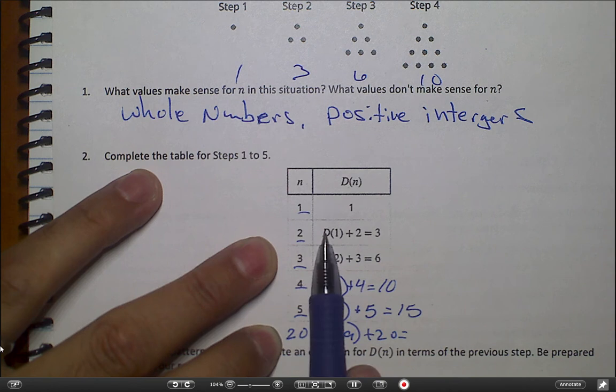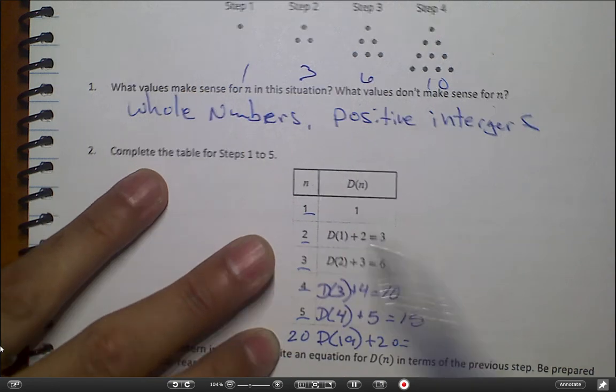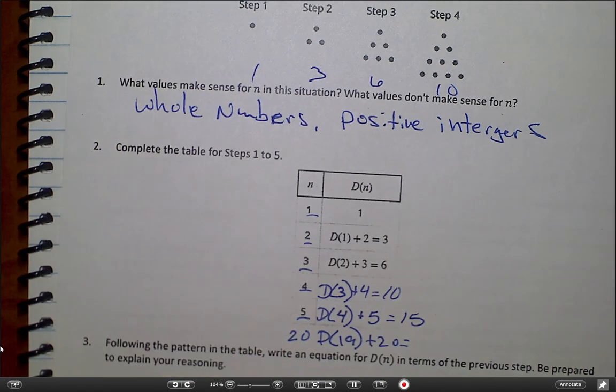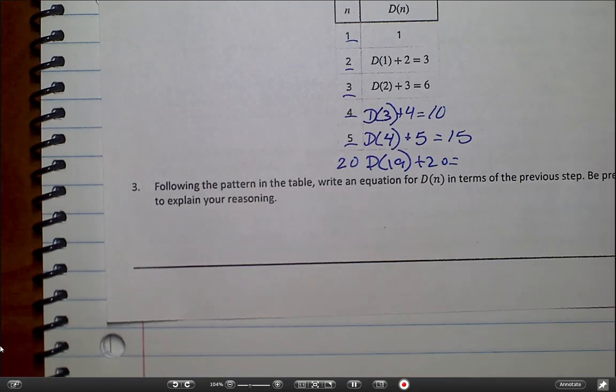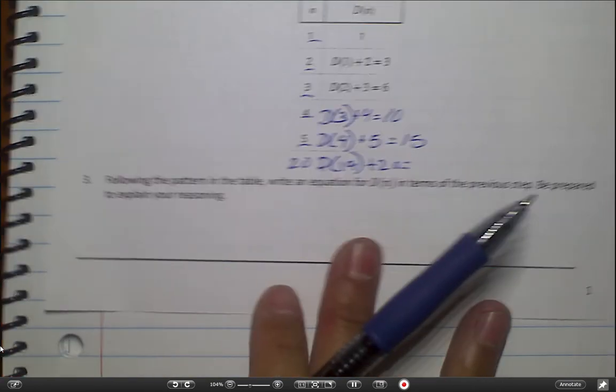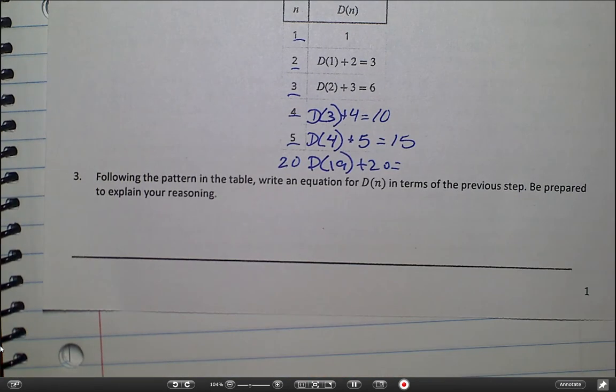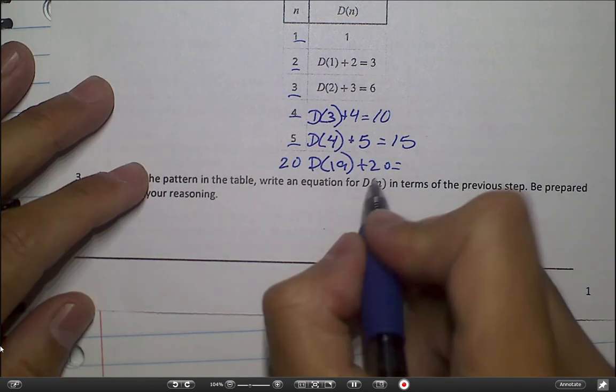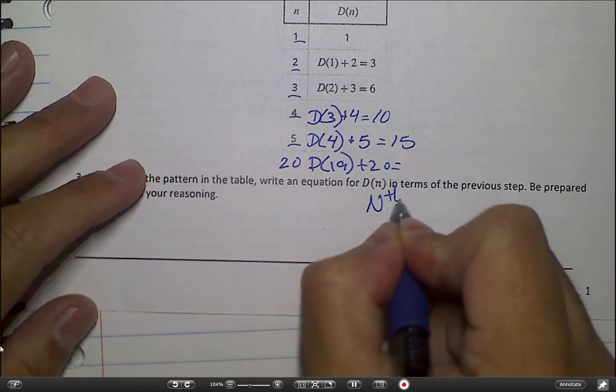Okay, so there's my previous one. Now, let's take a look at 3 to see if this works out. On 3, it says, following the pattern in the table, write an equation for D of n in terms of the previous step. So I want to know what the nth term is.